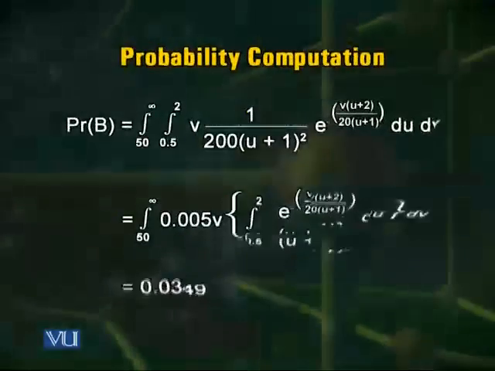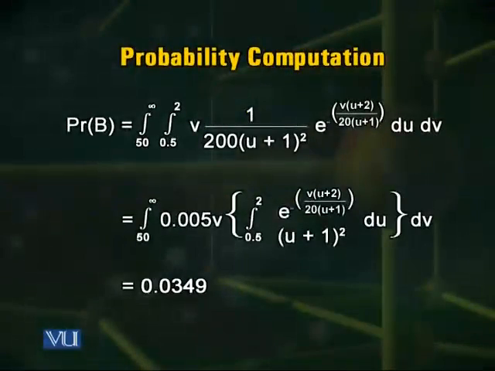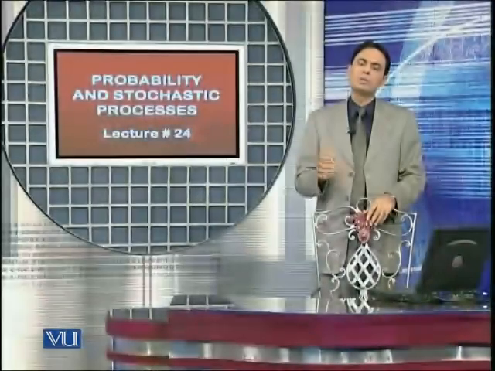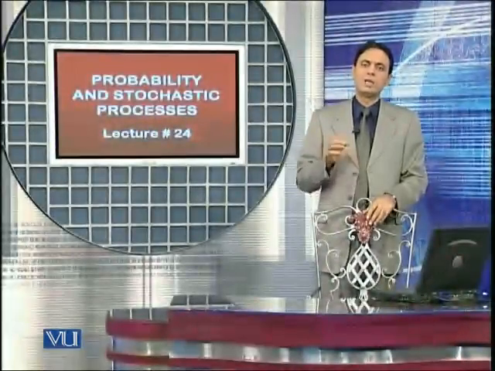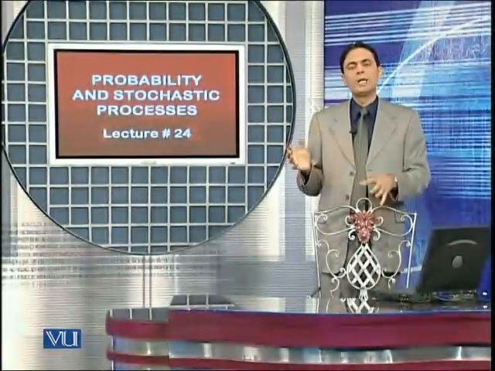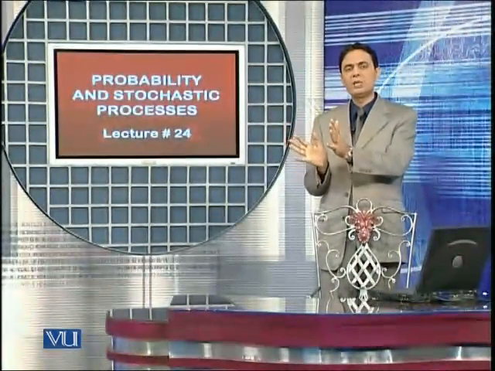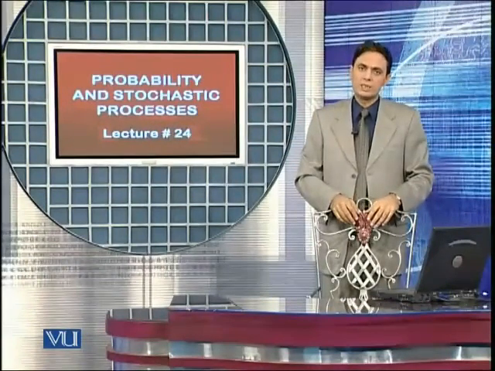Very simple integral. You can see that on your screen. You can easily do it yourself, and if you put proper values into this double integral, the probability of this event comes out to be 0.0349, or slightly less than 3.5%, exactly equal to the probability of this event as it was found by integrating the fan-shaped region on the XY plane.